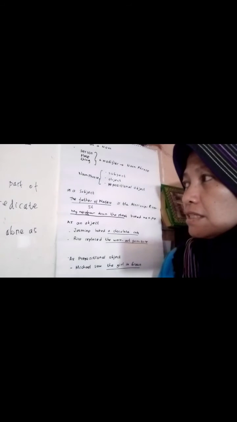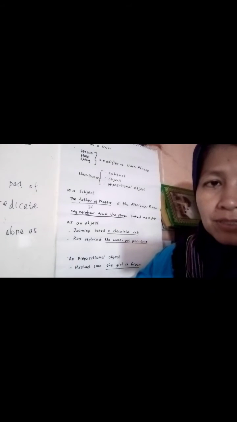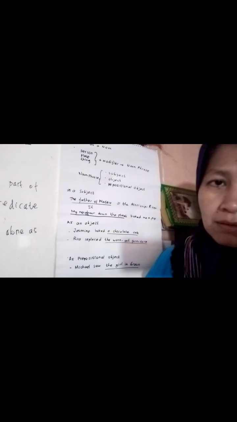In my language, the head is written first, and then the modifiers. For example, in English, we can say a chocolate cake. The cake is the head, and the chocolate modifies the cake. It explains the cake. In Javanese, it is the opposite.